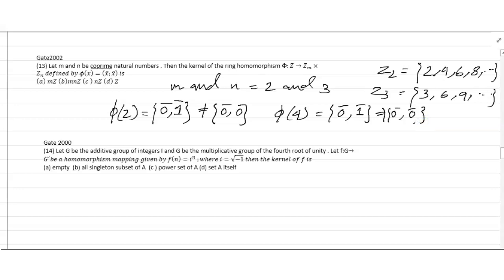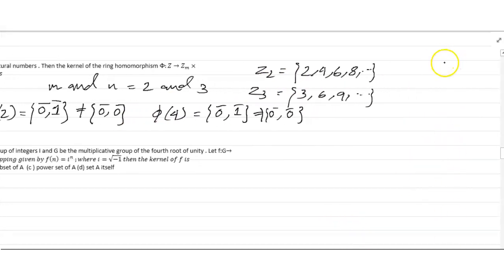So nZ equals 3Z and mZ equals 2Z, which is not the kernel.